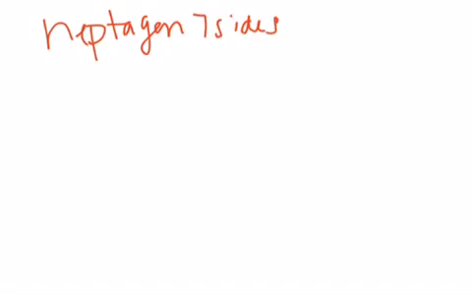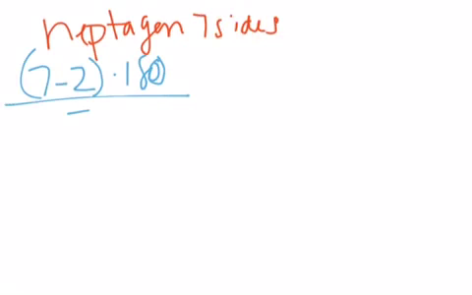So I want to know what all the angles together measure in a regular heptagon, and what each angle measure is. So we have 7 minus 2 times 180 divided by 7. It's going to be 5 times 180 over 7.